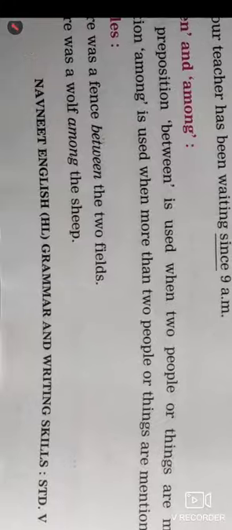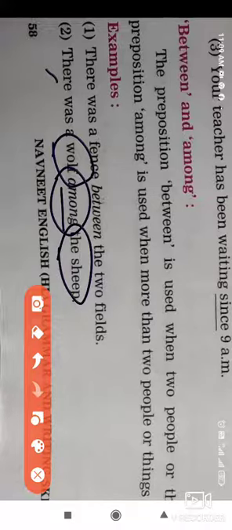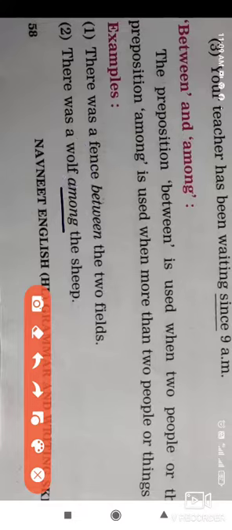Here is an example: there was a fence between two fields. There are two fields, so we use the preposition between. But when the things or persons are more than two, we use among. There was a wolf among the sheep. The sheep are more than three in quantity.